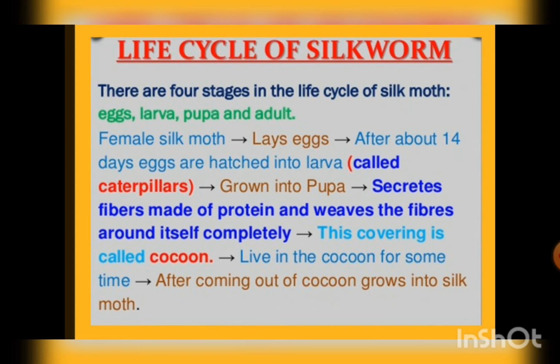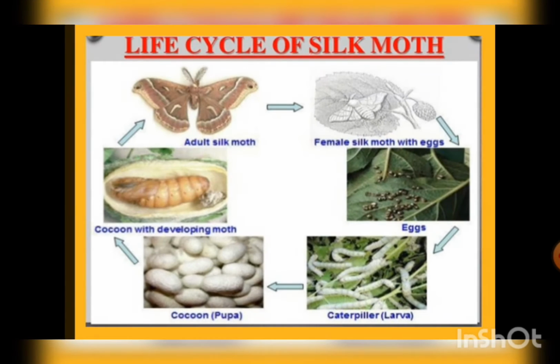This covering is called a cocoon. It lives in the cocoon for some time, and after coming out of the cocoon, it grows into the silk moth. This is the life cycle of the silkworm.